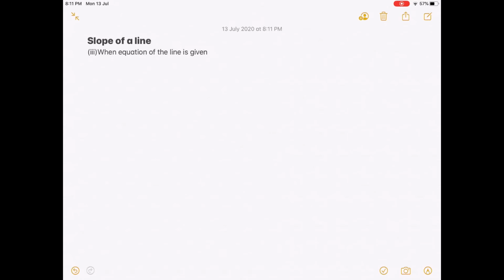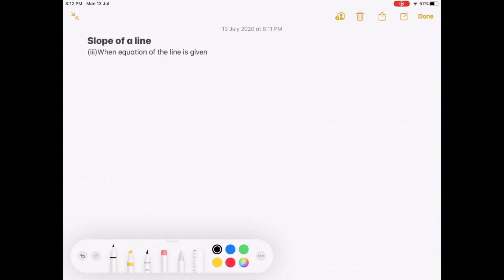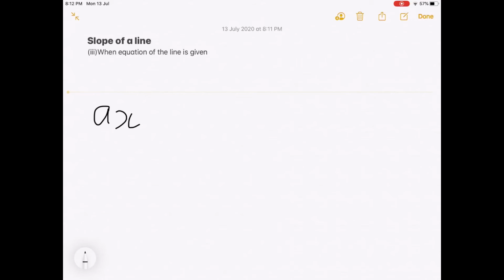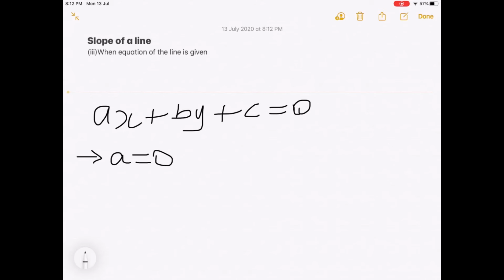The third topic is slope of a line when the equation of the line is given. So let's write the equation. Ax plus by plus c is equal to 0. Okay, so now we have three conditions here: 1, a is equal to 0 and b is not equal to 0.